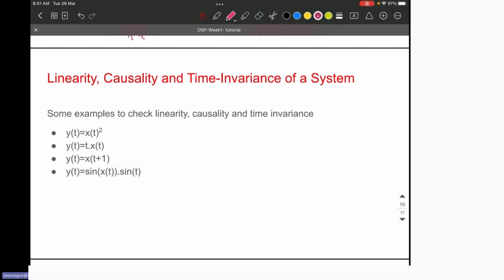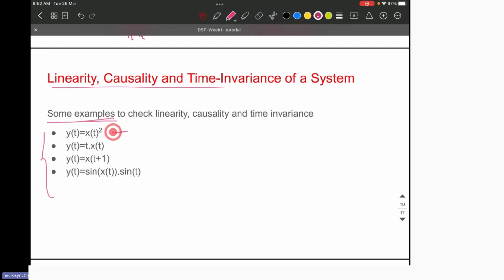Basically, these properties are independent of each other, and they can appear in any combination. There are some examples. Can you find out the properties, linearity, causality, and time invariance, for these examples?